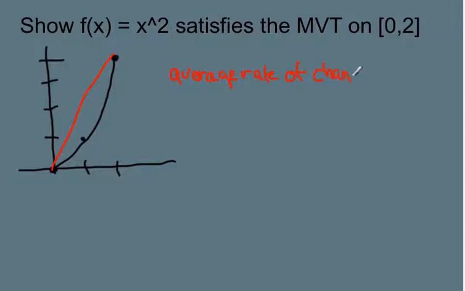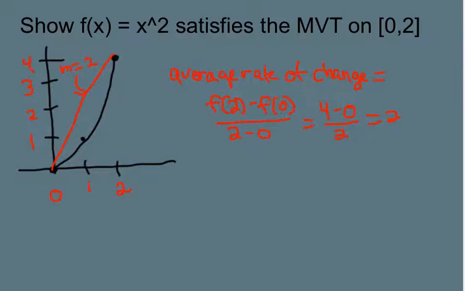The average rate of change is going to be f at 2 minus f at 0 over 2 minus 0. F at 2 we know is 4. F at 0 we can plug in, or look at it graphically, is 0. And then I have 2. So the slope of this secant line is 2.